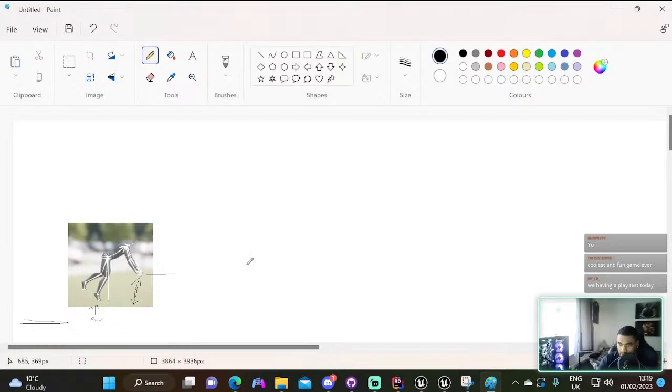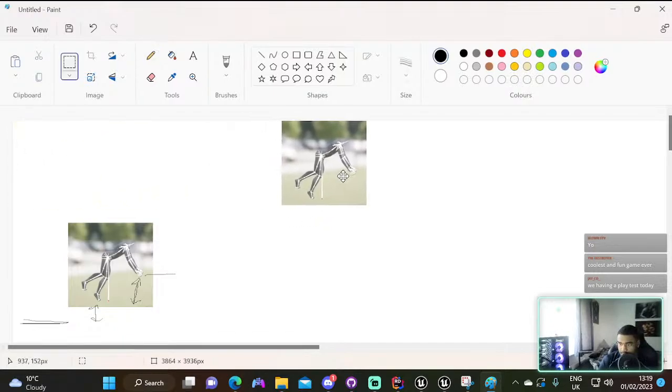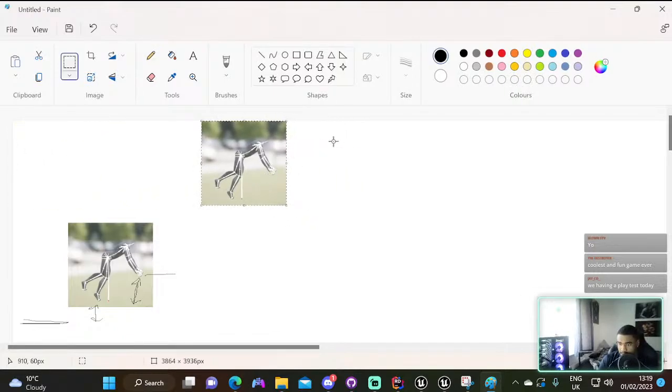Then if I have the other guy here, same image, now at this wall, the ledge height is actually this much.